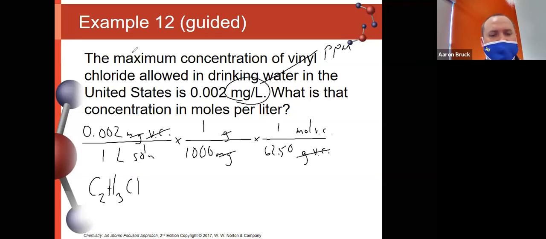I now have moles of vinyl chloride per liter of solution. 0.002 divided by 1,000 divided by 62.5, to one significant figure, I get 3 times 10 to the negative 8th molar vinyl chloride.